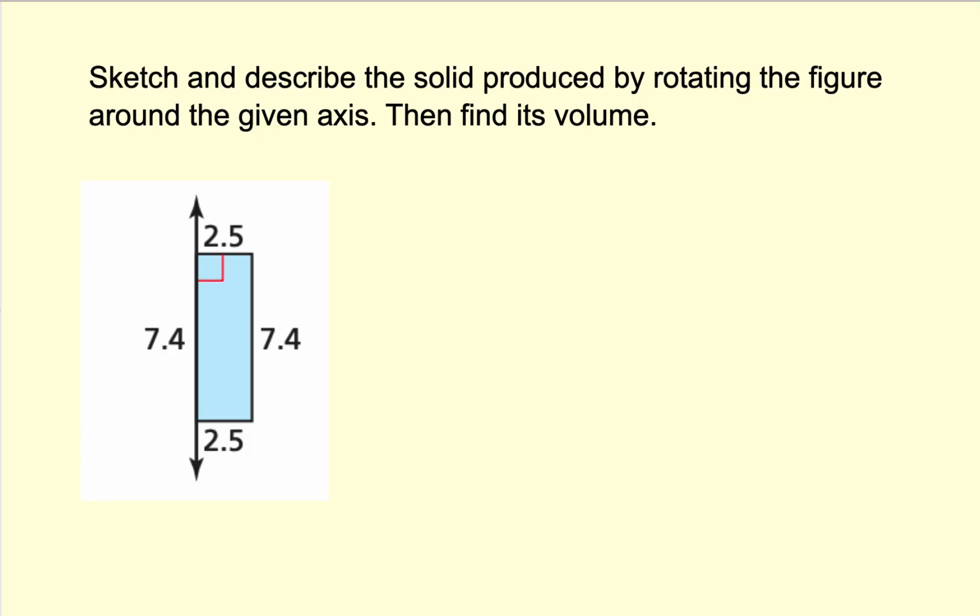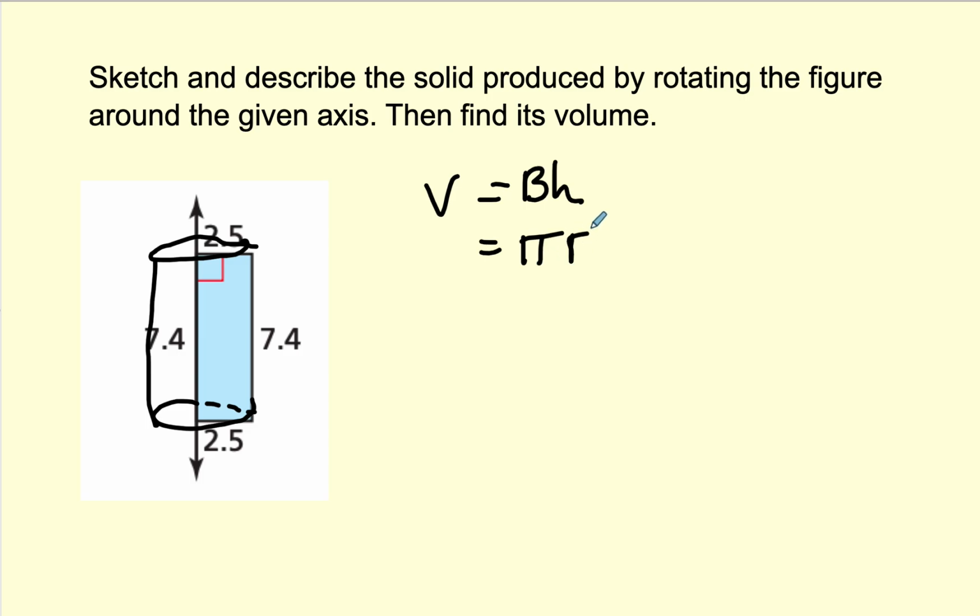Let's take a look at this sketch and let's revolve it and then find its volume. So if we revolve it going around here, it's going to create a cylinder. So the volume will equal the area of the base times the height. The area of the base is pi r squared h, and our radius will be 2.5 squared.